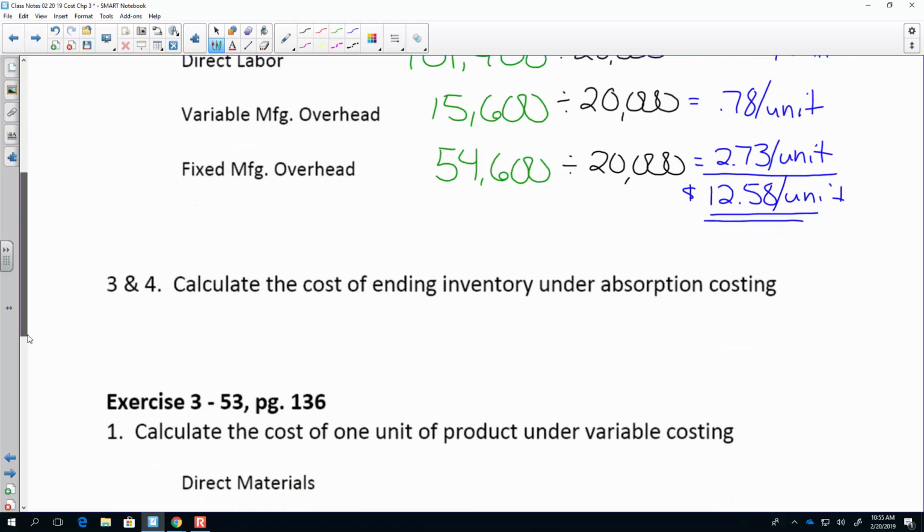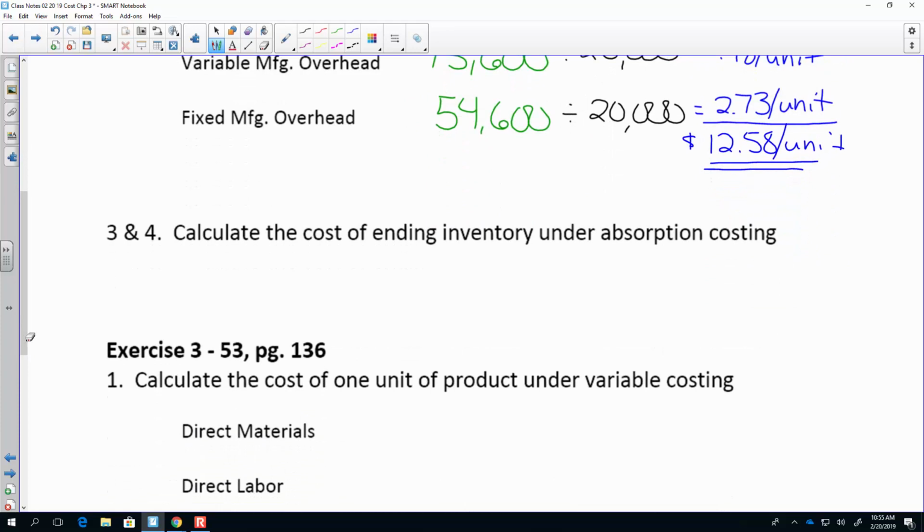Okay, now it says calculate the cost of ending inventory under the absorption method. Remember, we take our beginning, we add produced, we subtract sold, and we get ending.